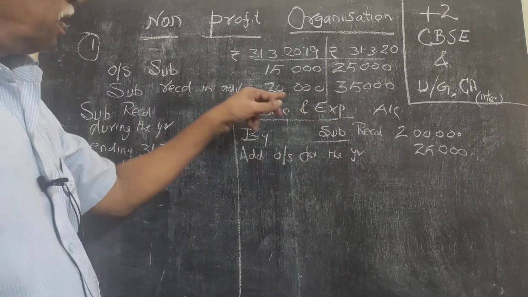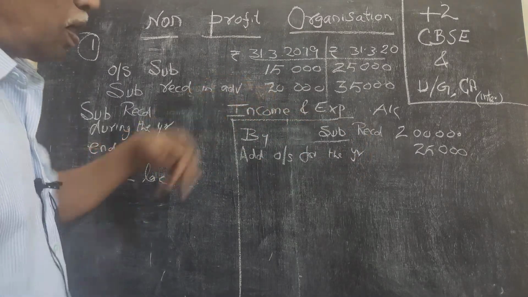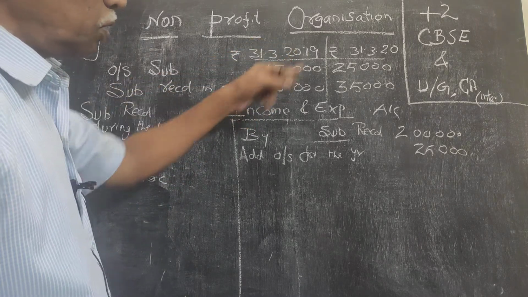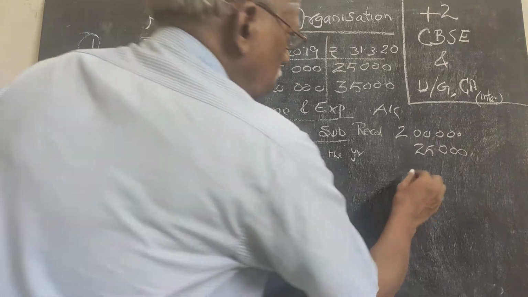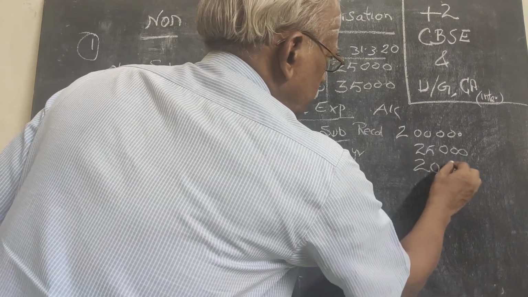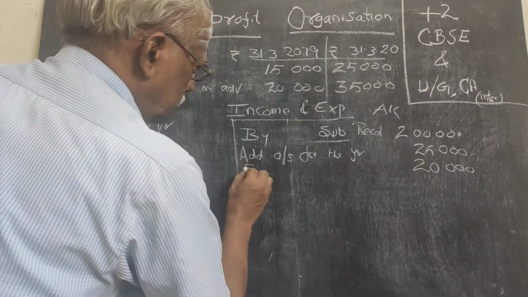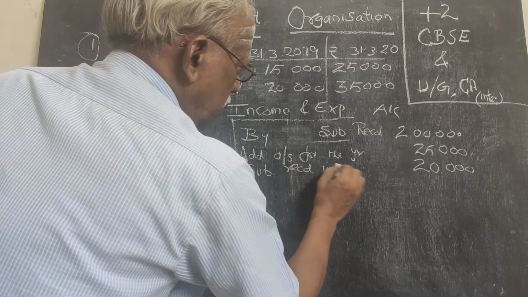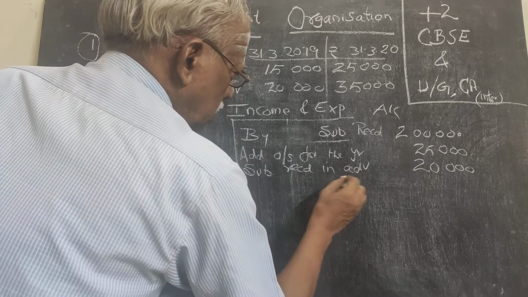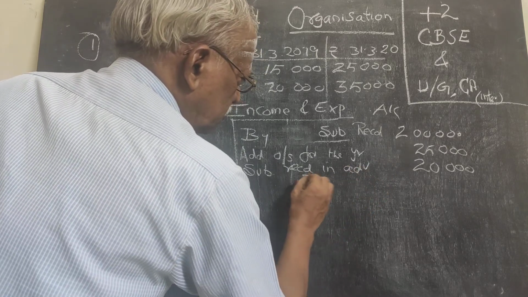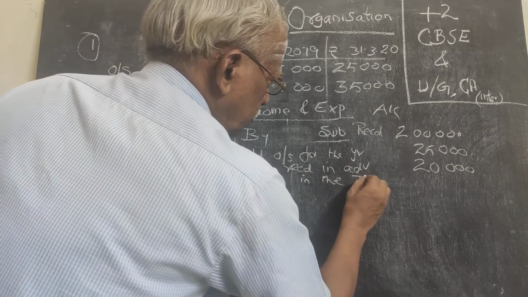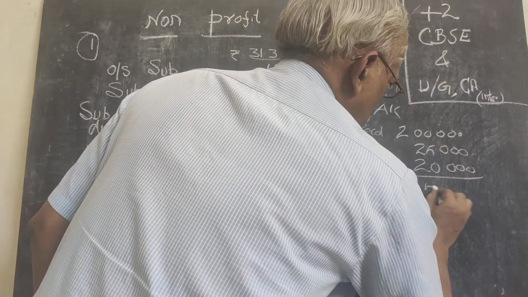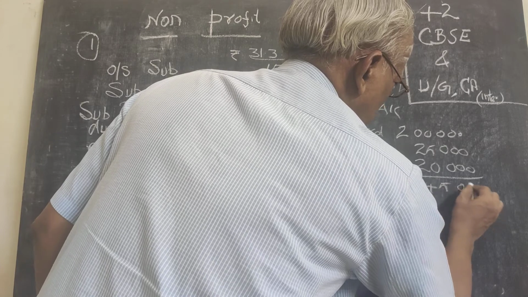Pertaining to this year is subscription received in advance in 31st March 2019. This is for the year 2020. So this should be included. So subscription received in advance in the previous year, you add it, 2,45,000.